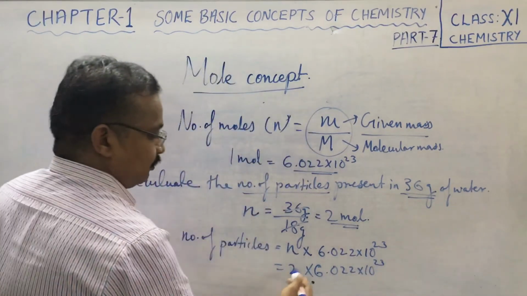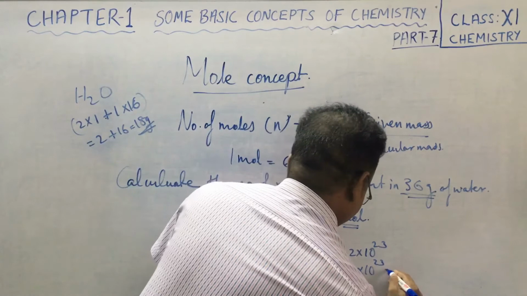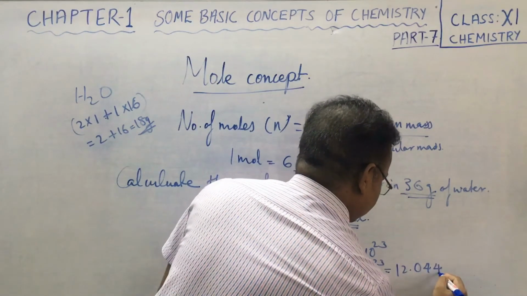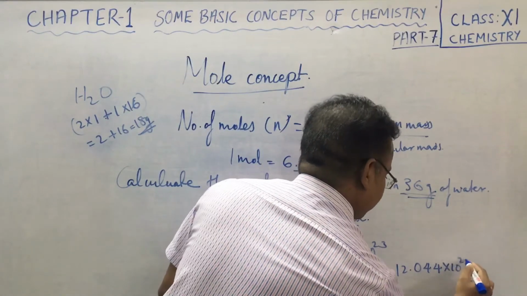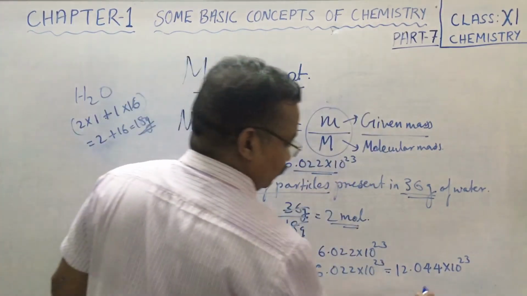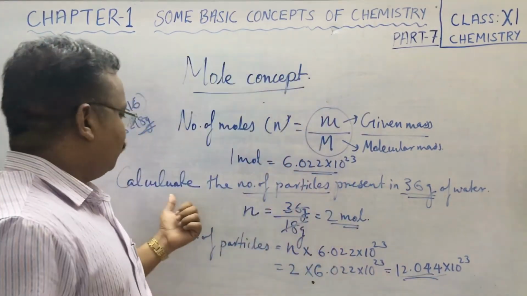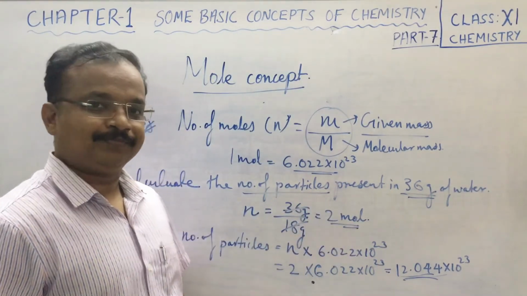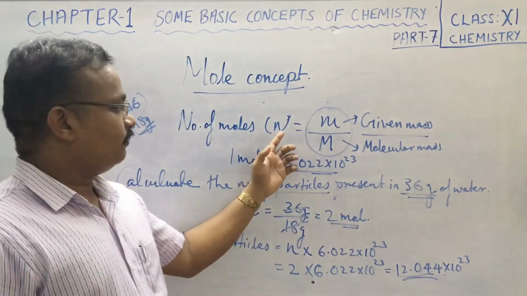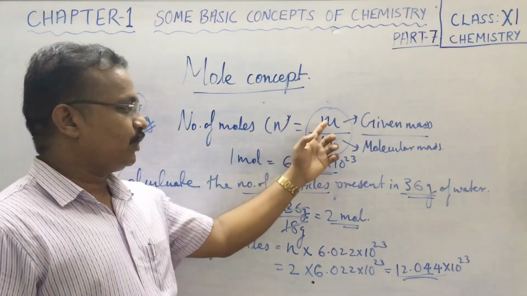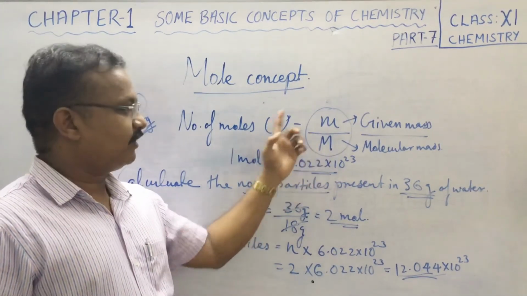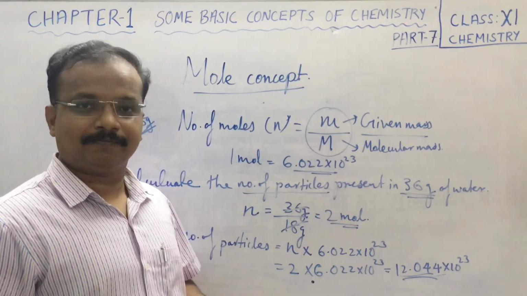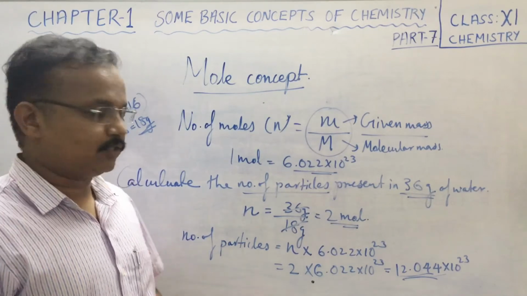So children, when you multiply, you get 12.044 into 10 raised to 23. Okay, so this is the number of particles present in 36 gram of water. So children, if you know this formula, n is equal to m divided by M, you can find any one of these terms which is not given in the question. Okay, let us do some numericals.